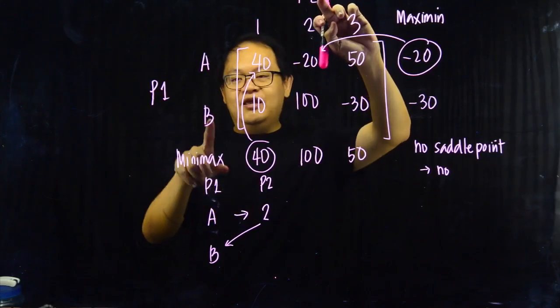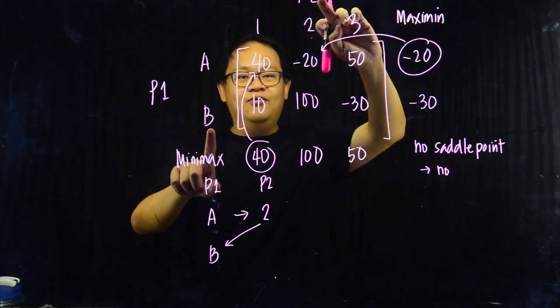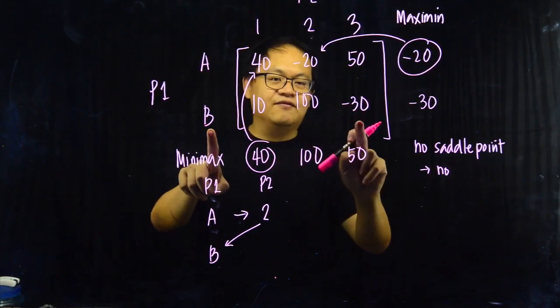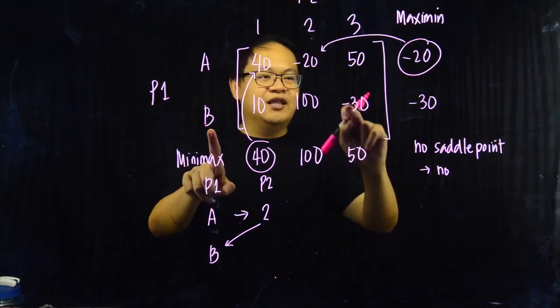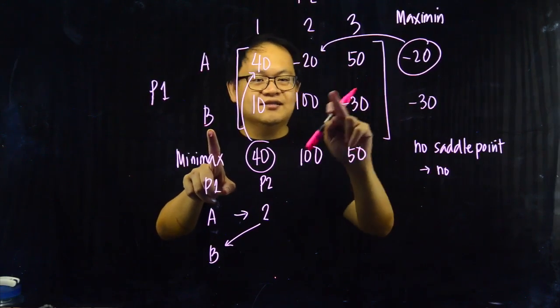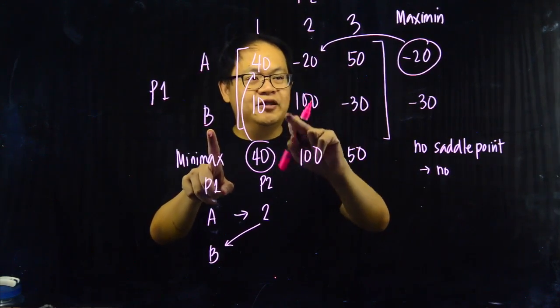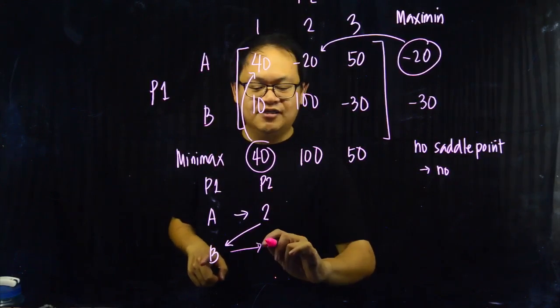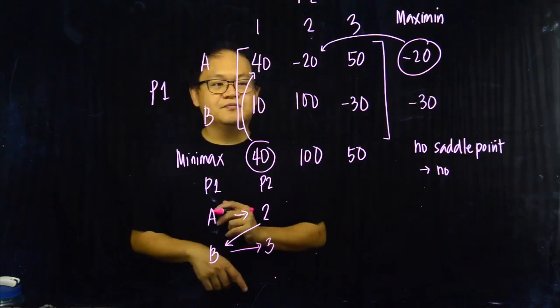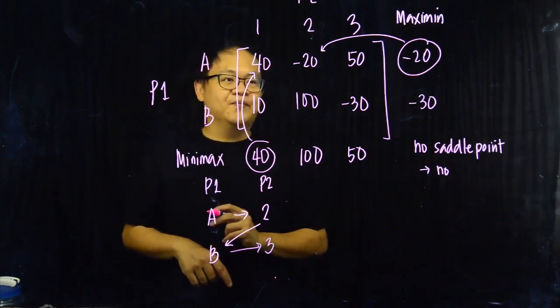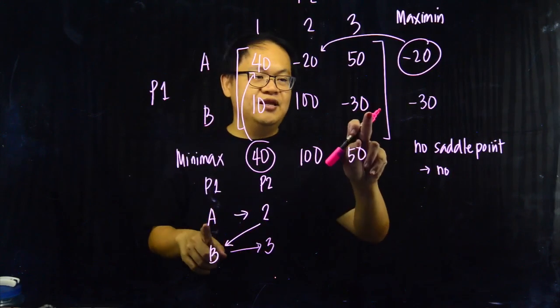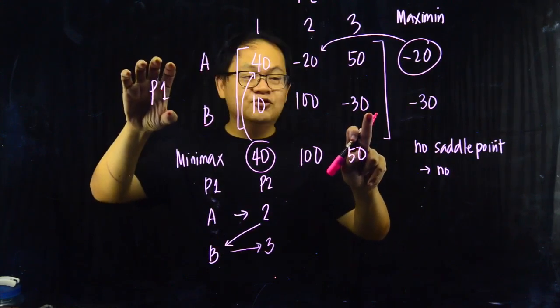But look, if player 1 chooses B now, then we have these values, 100, 10, and negative 30. Then player 2 would like to earn 30 instead of losing 100. And therefore, player 2 will change his strategy to 3. Now, because player 2 changed his strategy to 3, player 1 will also change.